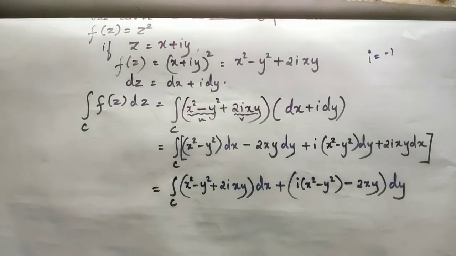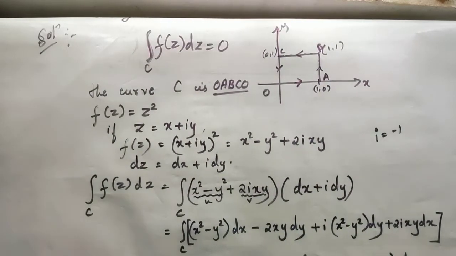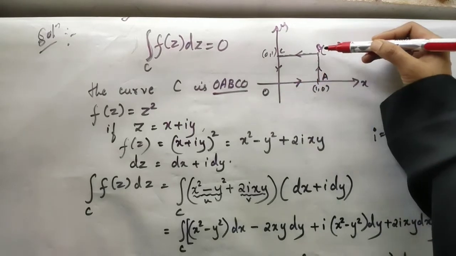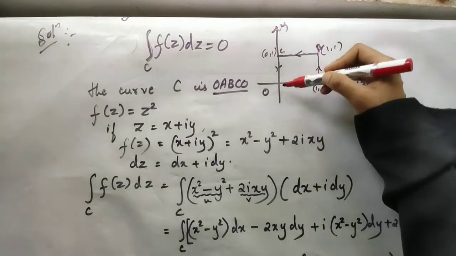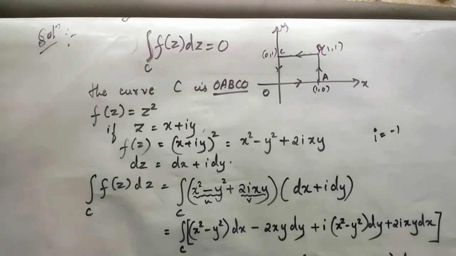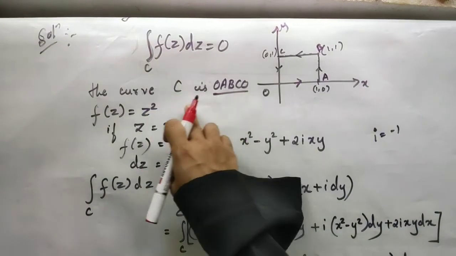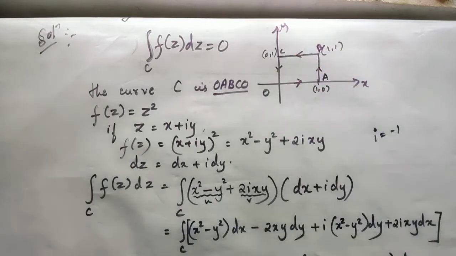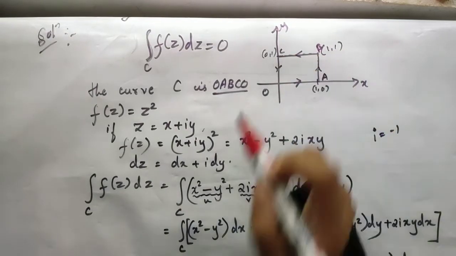Now, our curve C is made up of many parts. First is OA, then AB, then BC, then CO. Then it becomes a complete closed curve C. As I have told you, the curve C is OA, AB, BC, CO. So part by part we will be solving it.